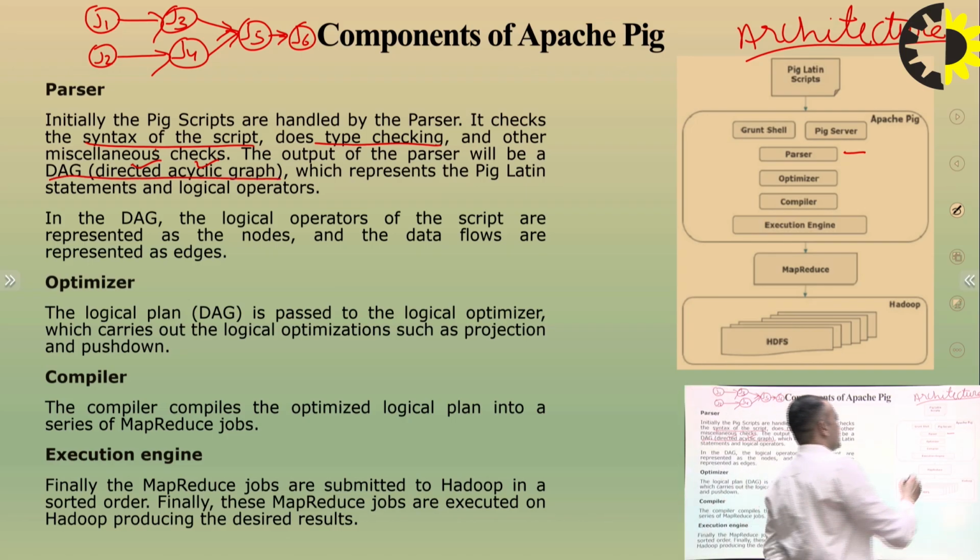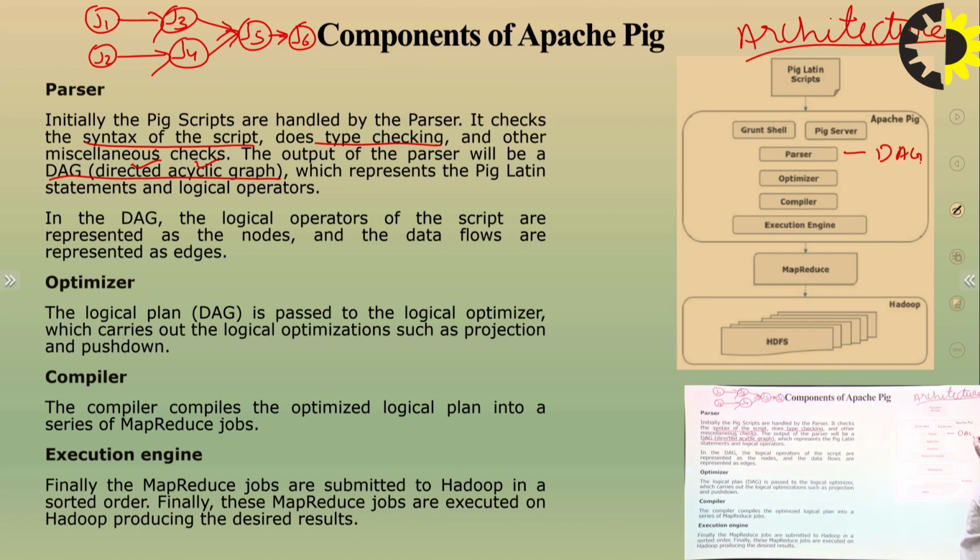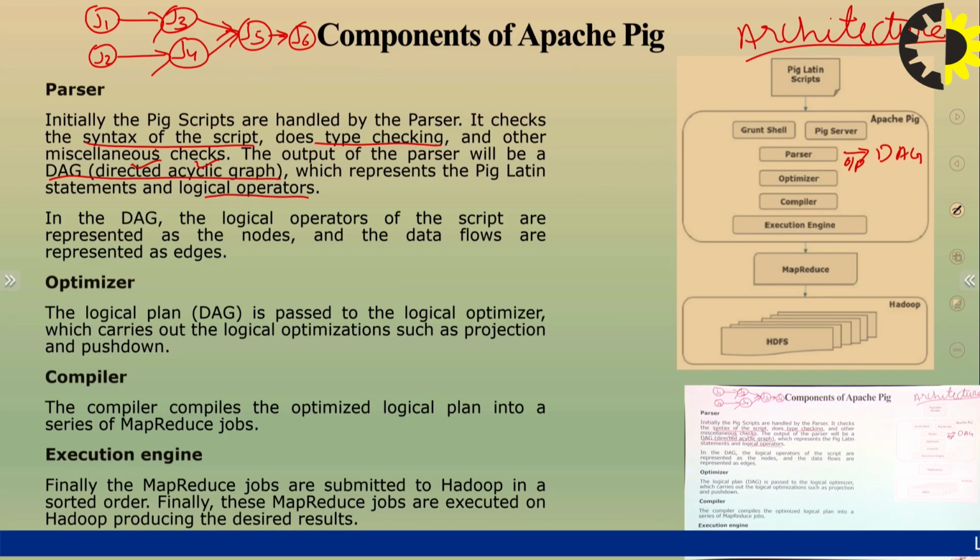output of this parser. So it will give us a DAG as an output from the parser, and it represents a directed acyclic graph. It represents the Pig Latin statements and logical operators. And in the case of DAG, the logical operators of the scripts are represented as the nodes.